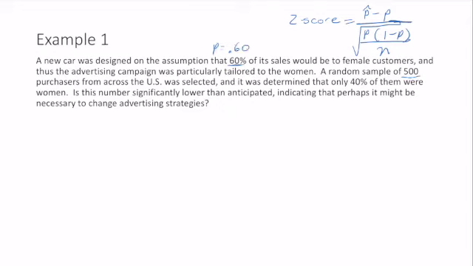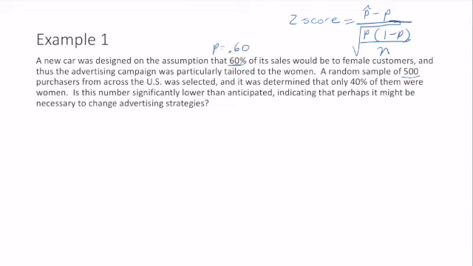The first thing I want to do is define my null hypothesis and my alternate hypothesis. It's important to note that our null hypothesis is going to be equal to what the stated claimed value was going to be, right? There's no change. We say we're trying to prove that this is not the case.